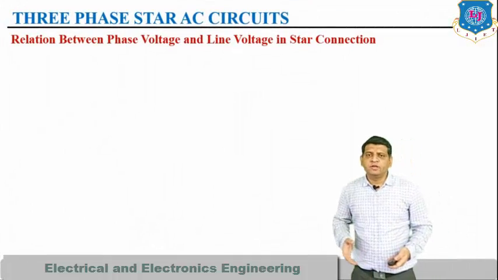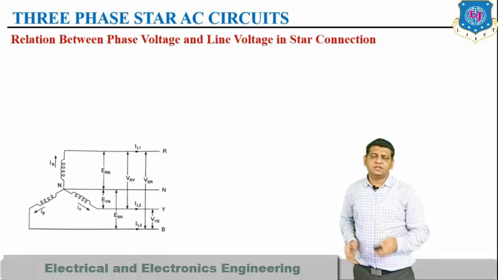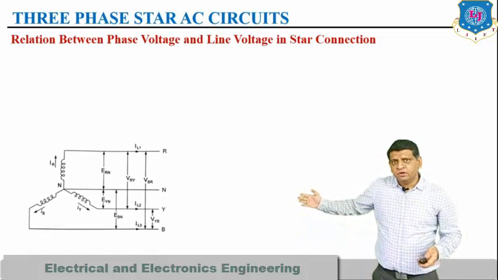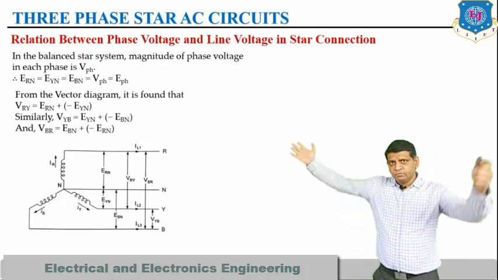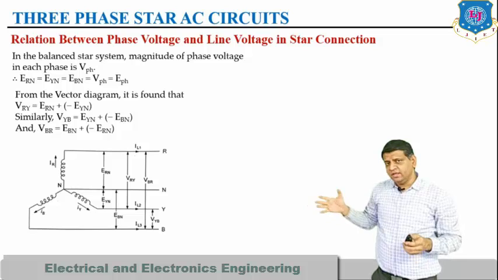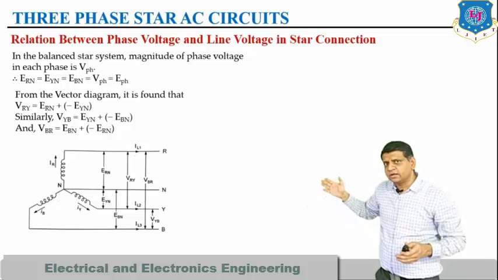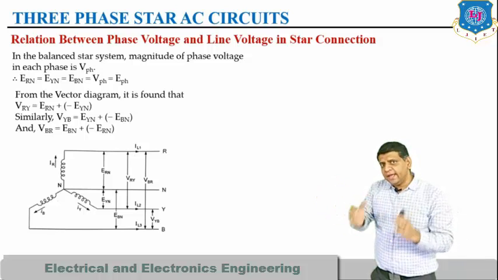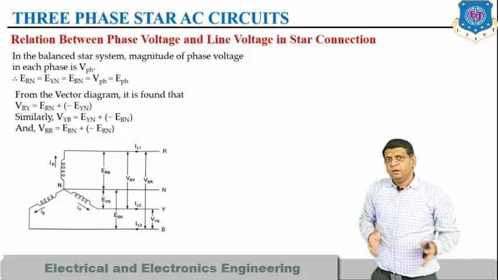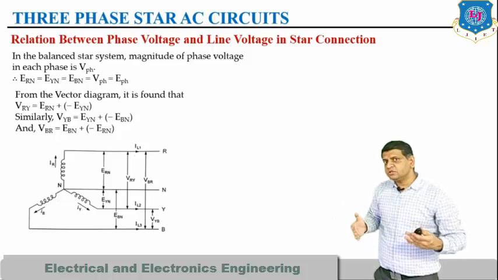Now if we talk about the phase voltage and line voltage, from this particular circuit you can deduce this from the equation, like if we want to find VRY. From this circuit you can say that VRY is equal to ERN plus EYN, right? Now this looks like a summation, but in the real case this is not a summation.